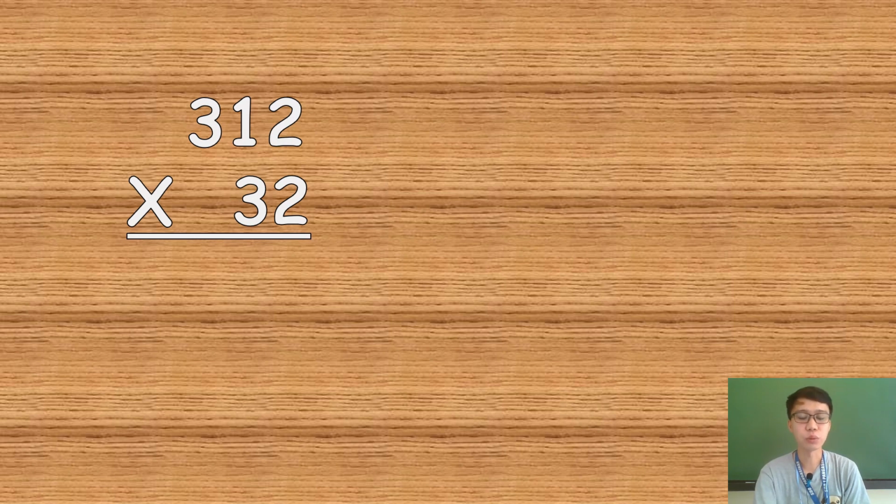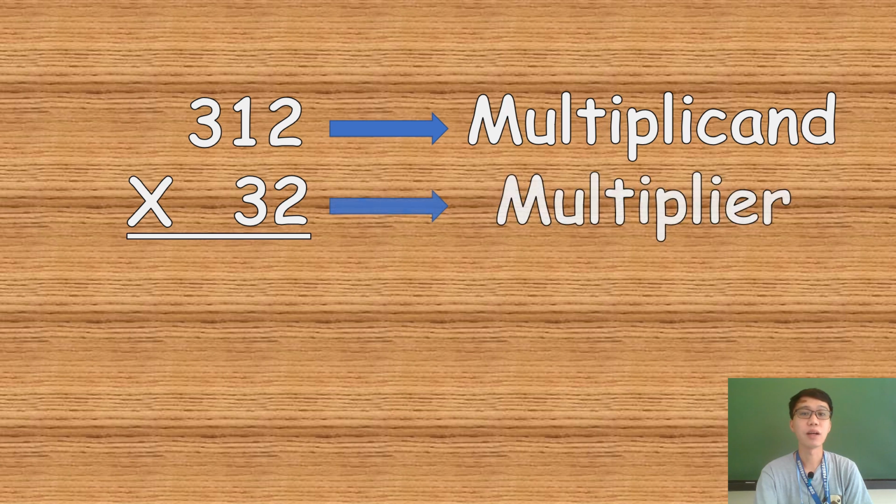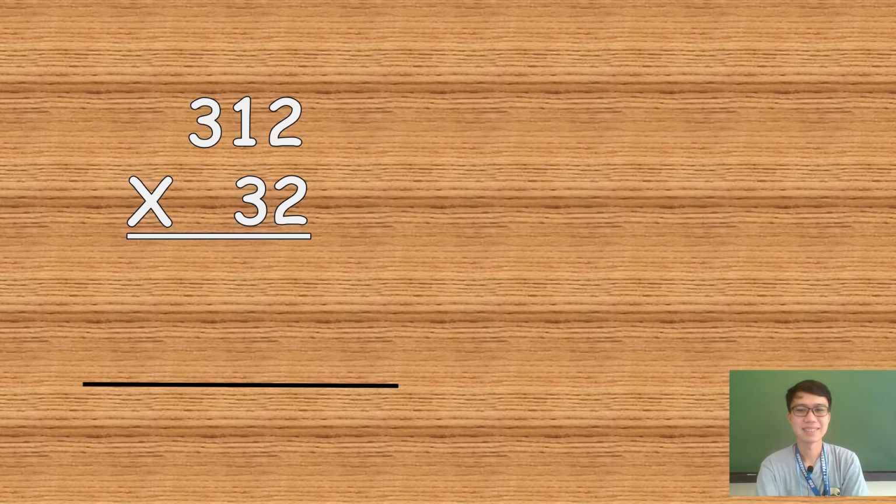Now, kids, let us simplify the explanation. We have 312 times 32. The first number is called the multiplicand. The second number is called the multiplier. 312 times 32. 2 times 2 is equal to 4. 2 times 1 is equal to 2. 2 times 3 is equal to, very good, 6.